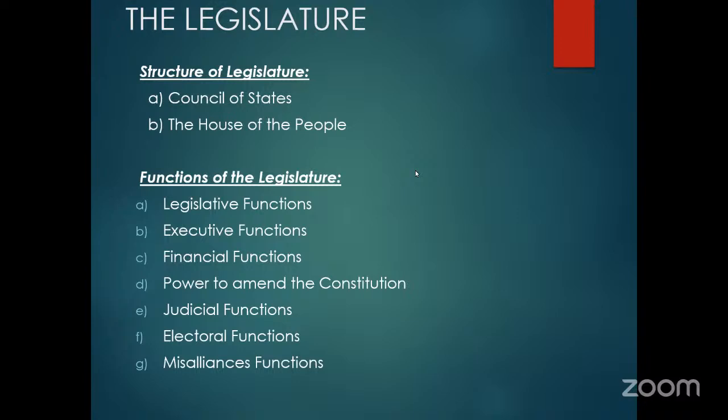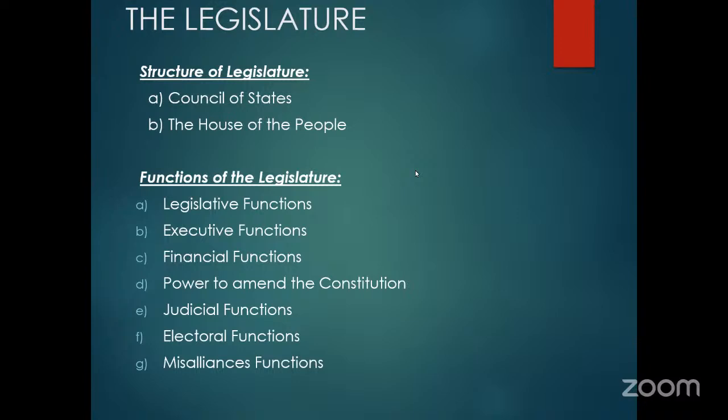Here, the power of amendment is basically of types: simple majority and special majority. Most of the part of the constitution that can be amended by the Union Parliament comes under the special majority only.